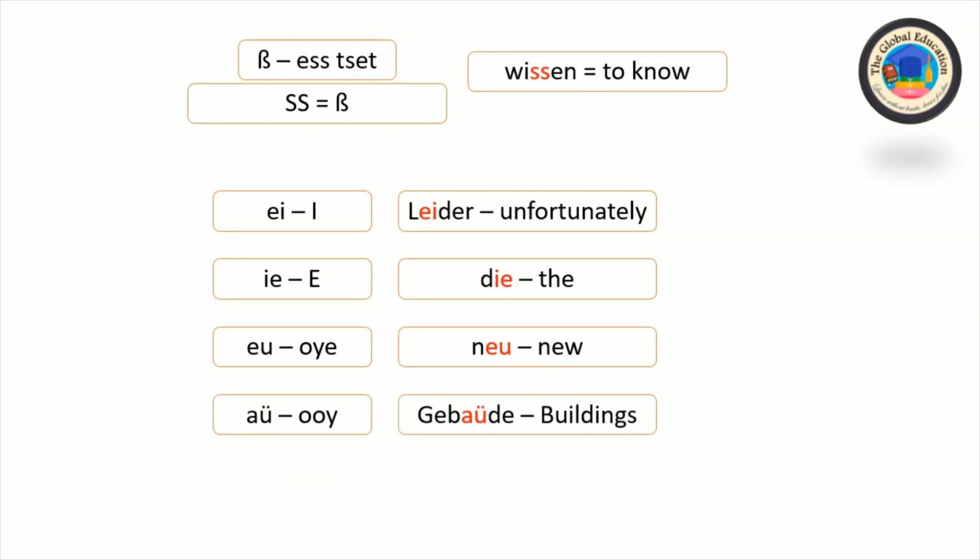AU with umlaut is oi, for example Gebäude, which means buildings. AU means ow, for example aus, which means out.